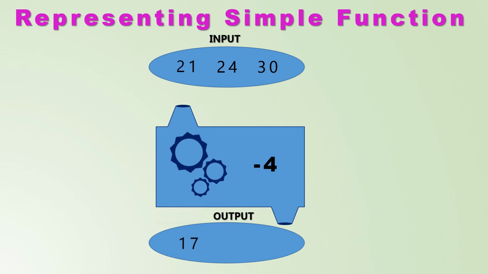In the same way, if we apply the function of minus 4 to the second number 24, we get the answer as 20, or we get the output as 20. If we apply the function to the third number of the input set, we get the answer as 26.